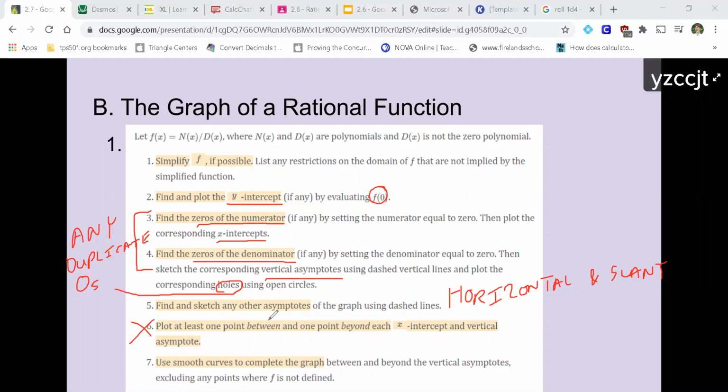But the easier way to do that is just to actually graph it with the calculator. Graph it in your TI-84, graph it in Desmos, and you will see how the points of interest connect anyway. So really, steps 6 and 7 here could be summed up with just 2 words: check with a calculator. So check your work with a calculator to see how to connect what the shape is supposed to look like.